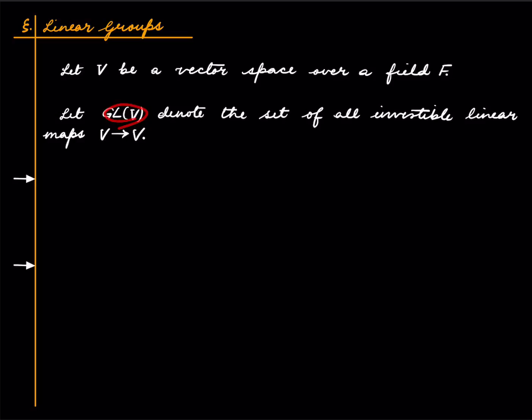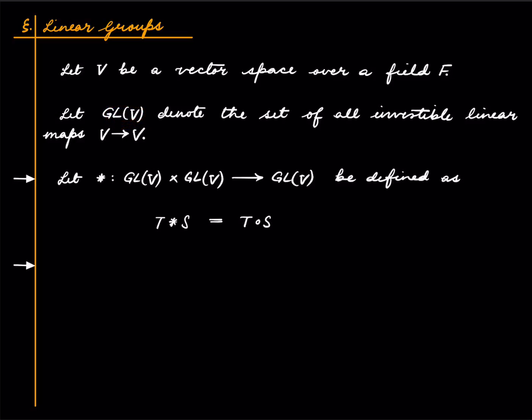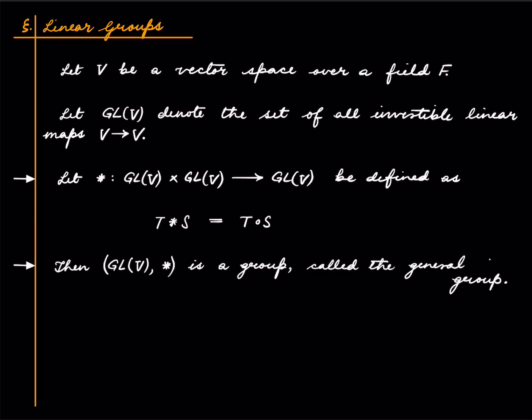Okay, so this is a notation, and we define star as just the composition. So T star S is just T composed with S. If we have two invertible linear maps, then this is how we define the binary operation. And one can again verify that this is a group. That I leave as an exercise. And this is called the general linear group of the vector space V.